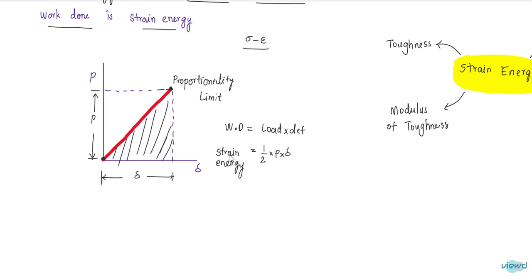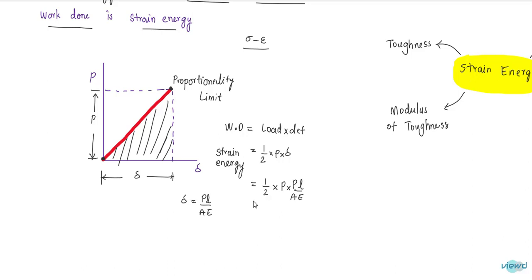Now, we can write delta is equal to PL by AE. So there is a formula, delta is equal to PL by AE. Substituting this, half into P into PL by AE.